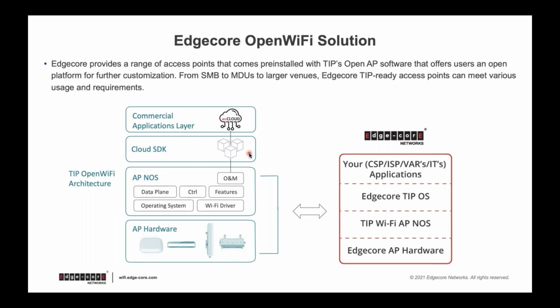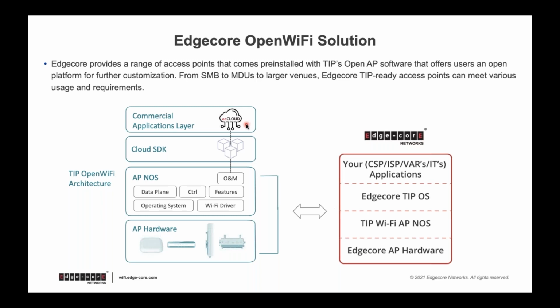And the third layer is the Cloud SDK, which is the cloud controller layer of the TIP OpenWiFi. The Cloud SDK is used to manage the OpenWiFi software. And the top layer is for third-party applications to use the northbound API of the Cloud SDK to control the OpenWiFi.